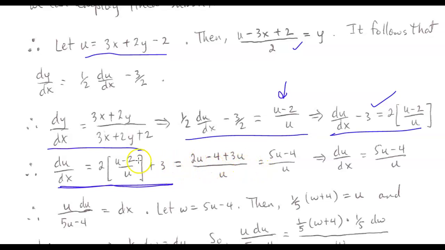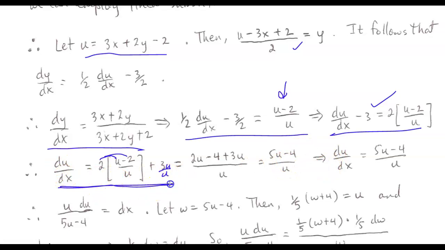So that's why you see the 2u minus 4, because I'm just multiplying 2 times the numerator there, all that over u. And then I know since this has to be u in the denominator, then I know that u over u here will allow me to be able to combine all this together, which ends up being 5u minus 4 over u.